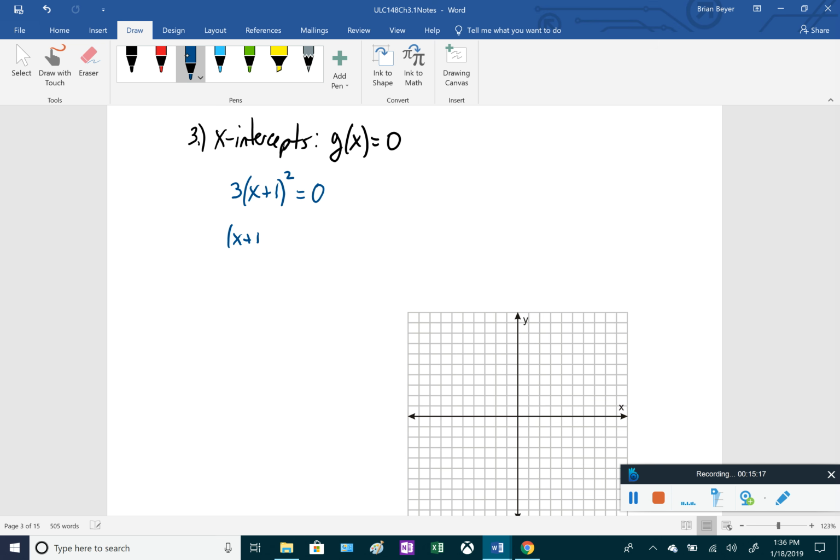It cancels on the left, and on the right-hand side, 0 divided by 3 is 0. We square root both sides, and the square root of 0 is just 0. Subtract 1 on each side, and we get x equals negative 1. So this time we get just one x-intercept, which is fine.